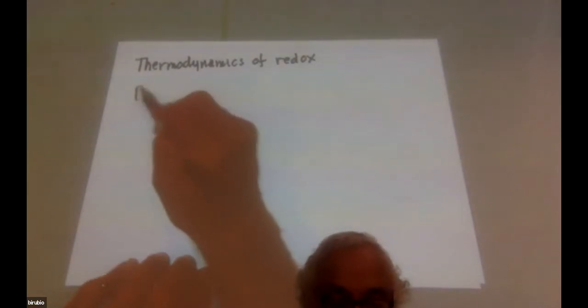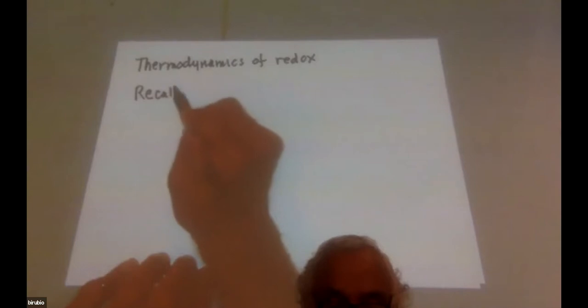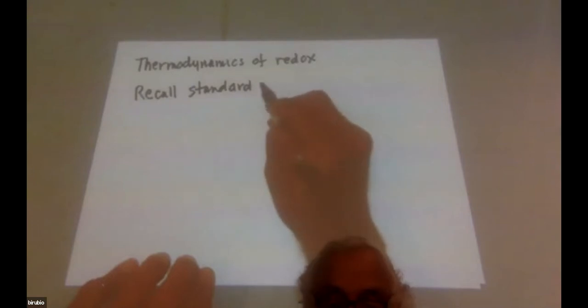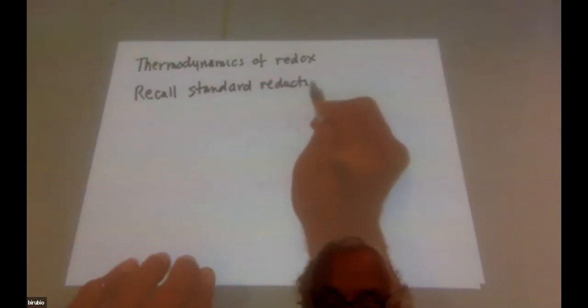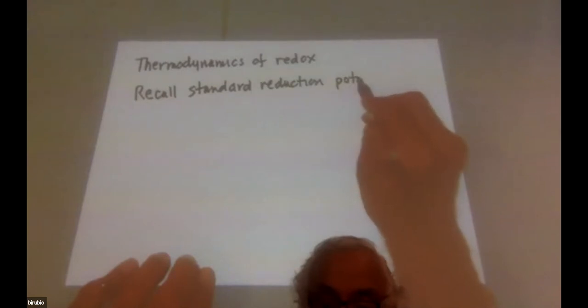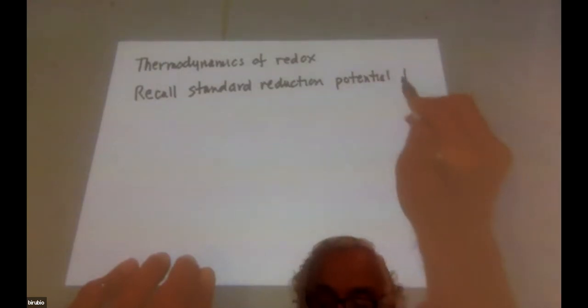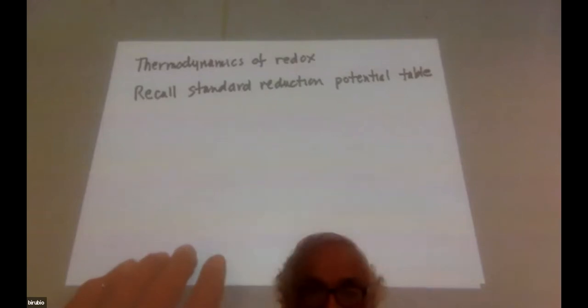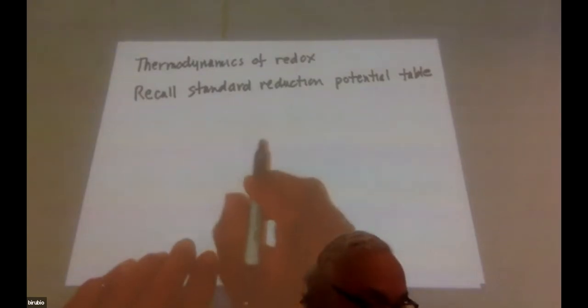Okay, so recall the standard reduction potential table. Right? You remember that from Gen Chem. So let's look at an inorganic example to start off with. No, we don't have time. So let's look at something that has organic chemistry in it as well.